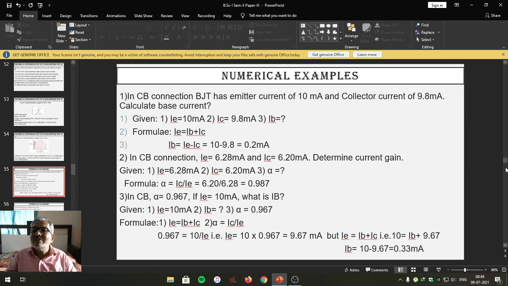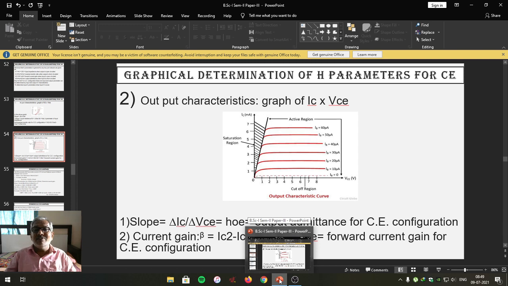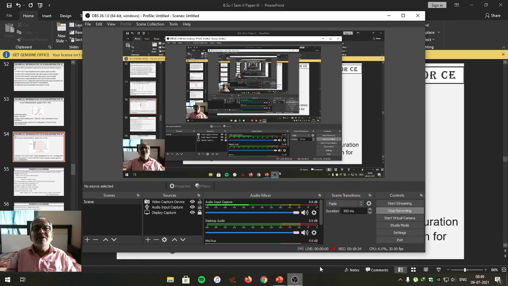Dear students, that's all about determination of H parameters by using the IV characteristics of BJT in common emitter configuration.